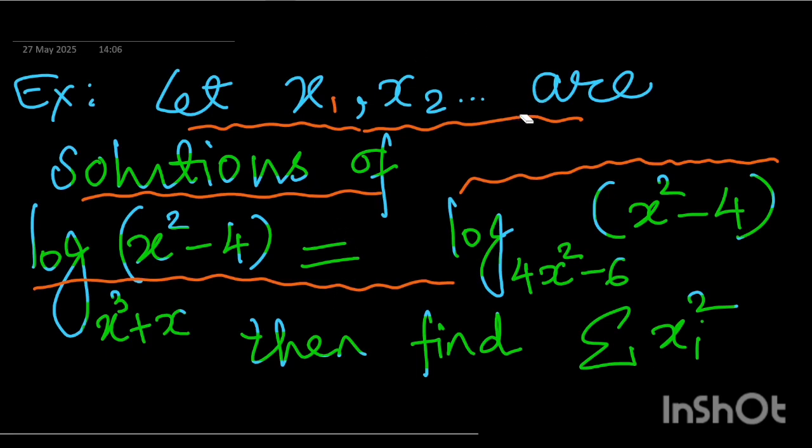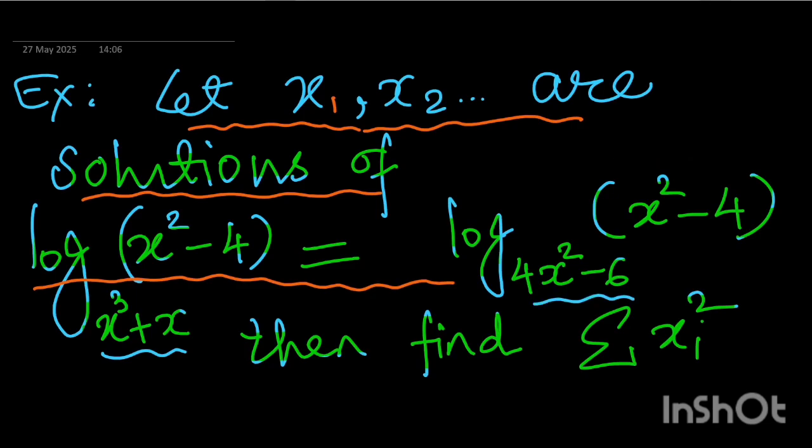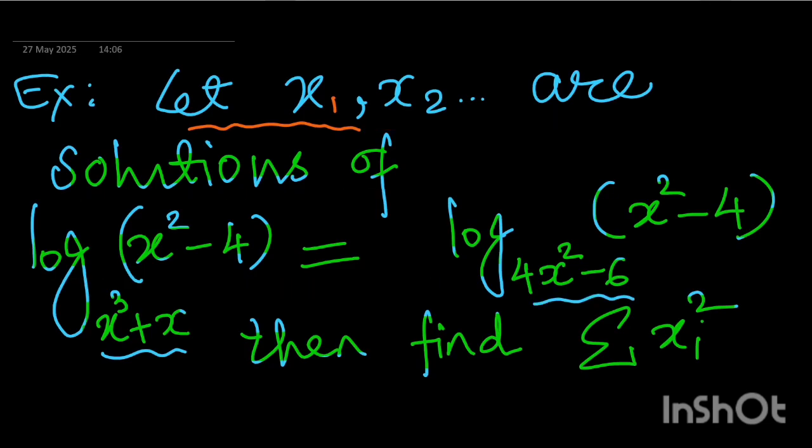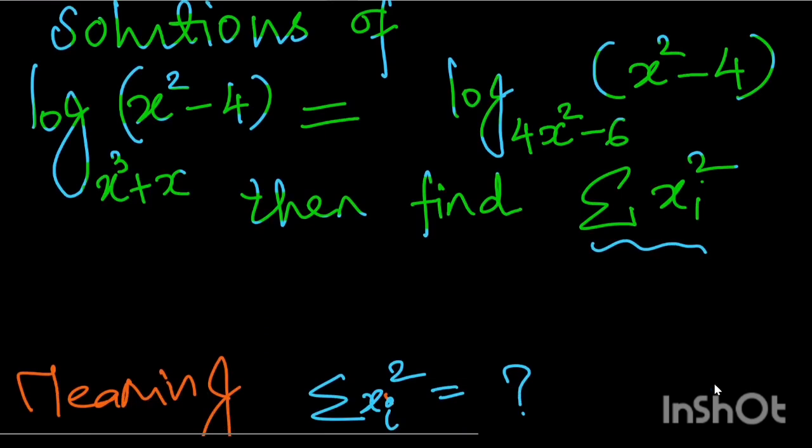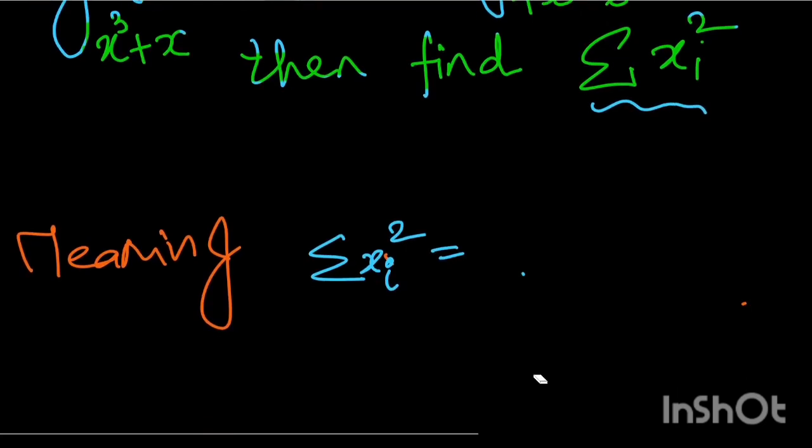Okay, so let's see what is the meaning of this question, guys. Let's try to understand this. First of all, the meaning of this summation of xi square is the sum of squares of the roots.